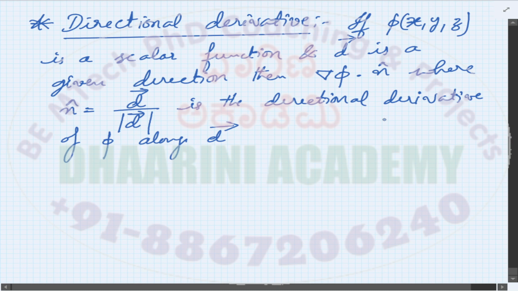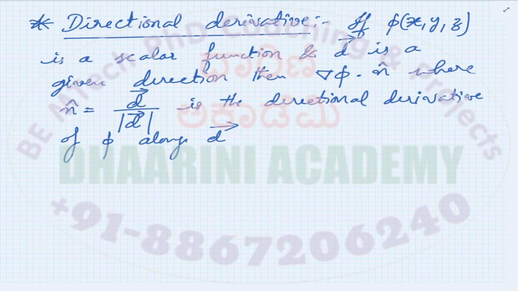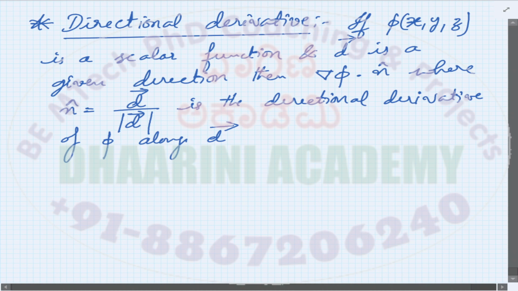So along this d, what is the directional derivative? Which means I need to find that whatever vector is given, first you find its unit vector. For a given phi, you find del phi, right? Use this to calculate the dot product del phi dot n cap, which is nothing but the directional derivative.